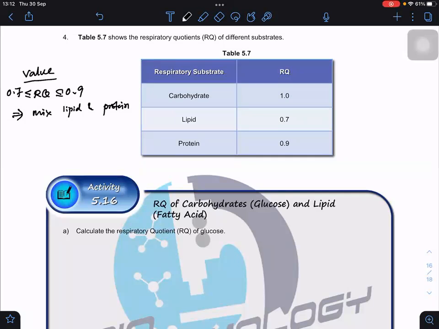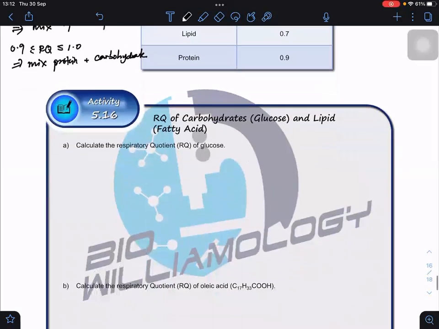If the RQ value is between 0.9 and 1.0, this is a mixture: they can use protein together with carbohydrate. Okay, so how do we calculate the RQ value? For carbohydrate, I use glucose as our model.